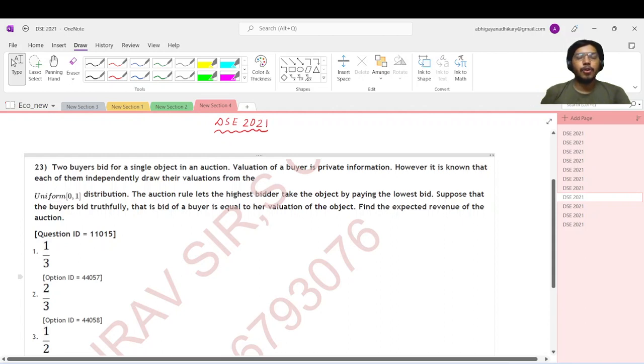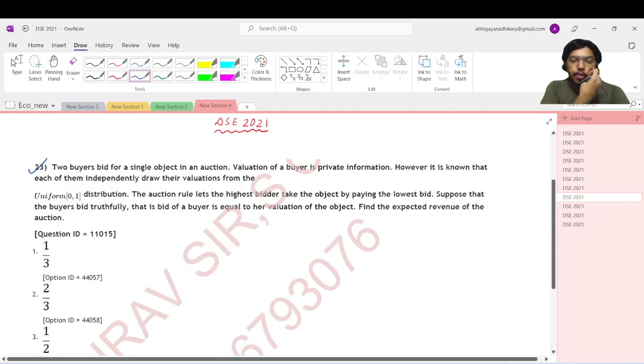So today we are going to look at question number 23 for DSE 2021 paper. The question says, two buyers bid for a single object in an auction. Valuation of the buyer is a private information. However, it is known that each of them independently draws their valuation from uniform 0-1 distribution.